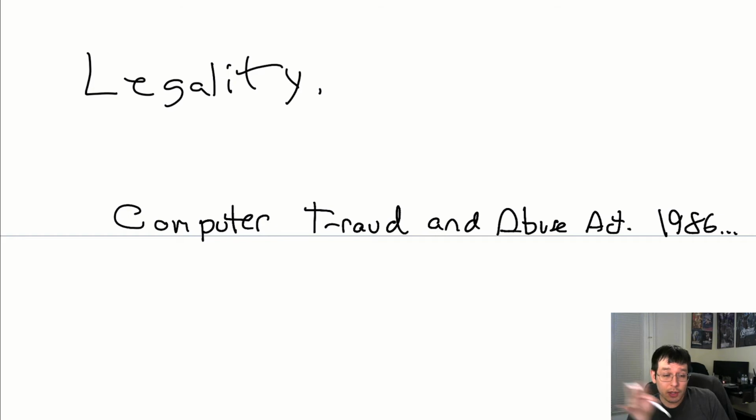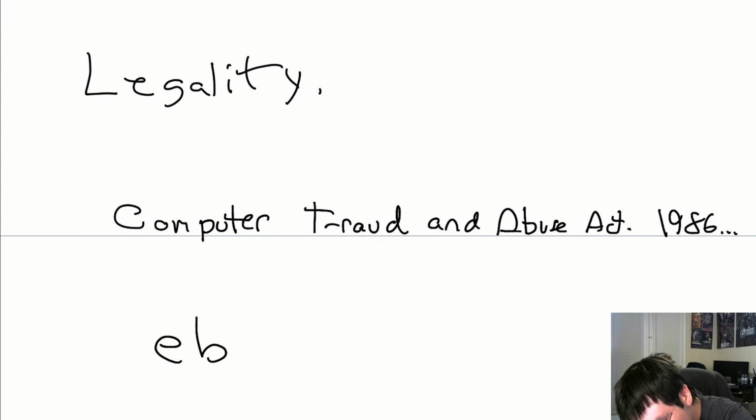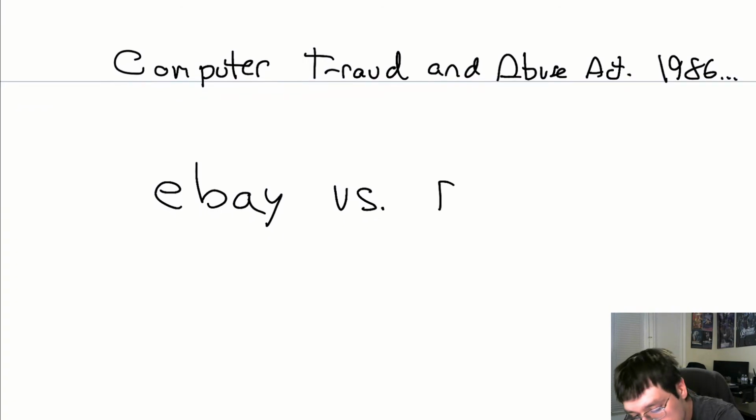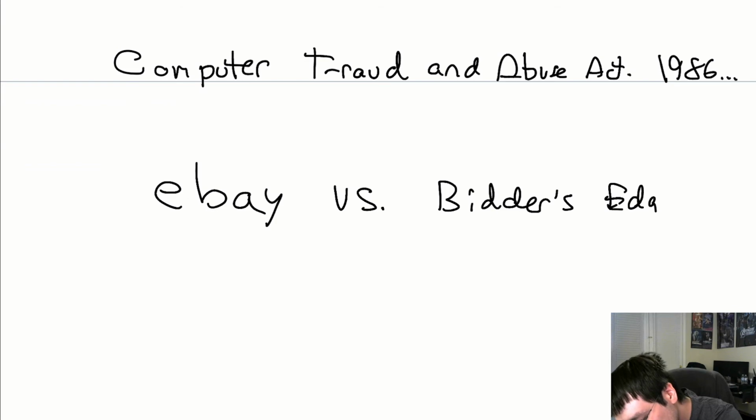So with all of that, the first of the known major cases that came with scraping was eBay versus Withers Edge. I guess there's a lot of cases with this, but this is one of the bigger ones, okay?